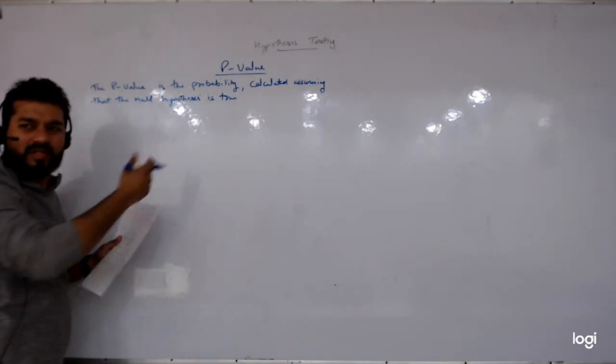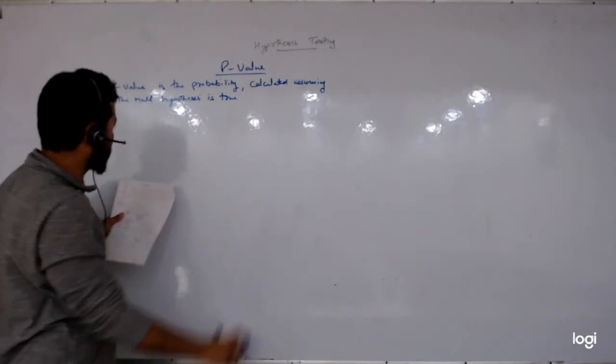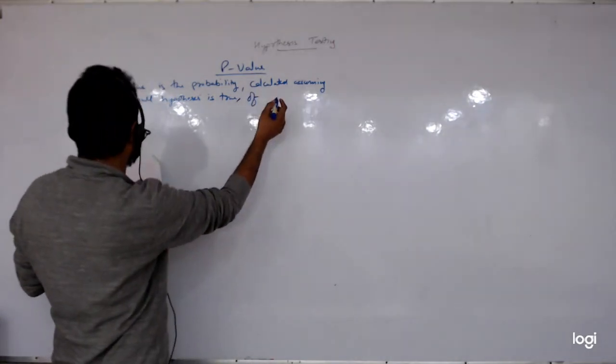Okay, this is what we've been doing throughout. We're assuming that the null is true. And what are we calculating?